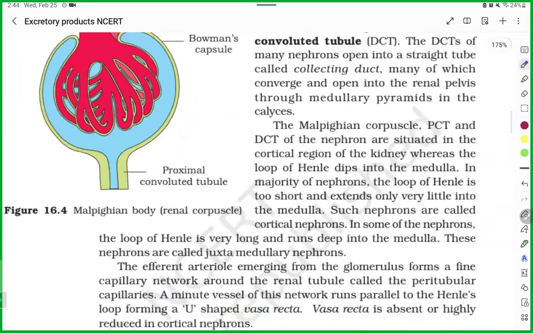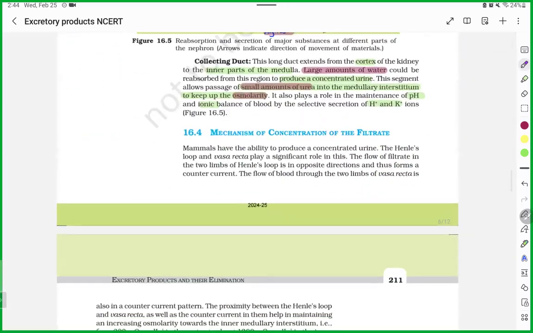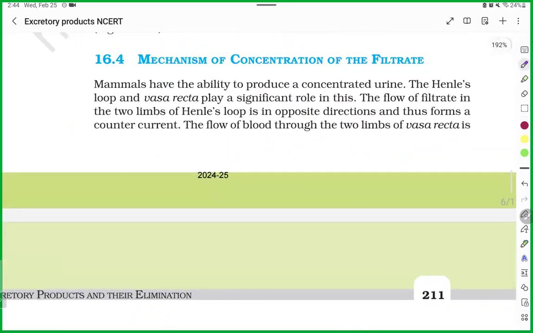So to understand this mechanism of concentration of urine, we need to know the basics. Come to the point. Mammals have the ability to produce concentrated urine. The loop of Henle and vasa recta play a significant role in urine concentration. The flow of filtrate in the two limbs is opposite in direction, that's why these form a countercurrent.